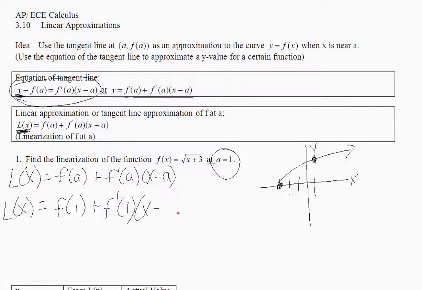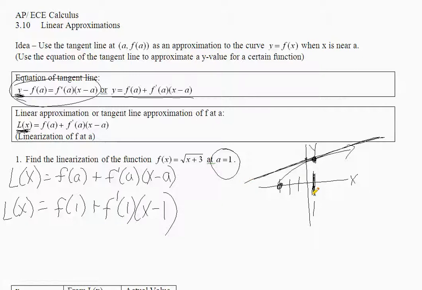Now, I hope you're saying, but that's just the equation of the tangent line, and that is all that we are doing. Okay, what you're doing, if you draw a tangent line at 1, we're saying if we're really close to 1, the y value of the tangent line and the y value of the curve are very close to each other. So we're going to use the actual tangent line to estimate the y value of the curve.